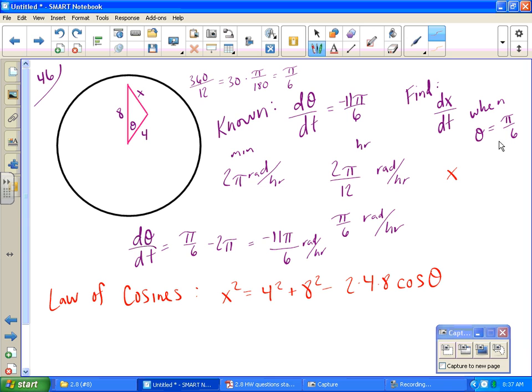X. Can I find x if I know theta is pi over 6? Yes, using the law of cosines. So go ahead and try to find x using this law here. It's not that hard, I promise. Just plug pi over 6 in back here. Make sure your calculator's in radians. And then you just take the square root to get x.